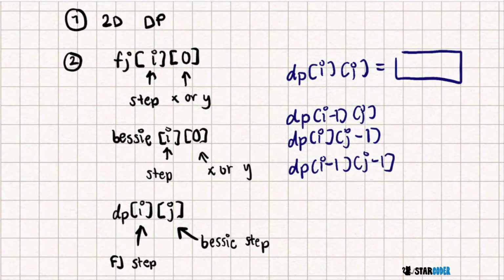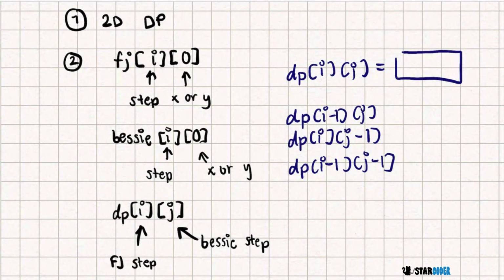After we find the minimum of these, we assume that Farmer John and Bessie have both moved 1 or 0 steps. Then we add the energy needed at their current positions.